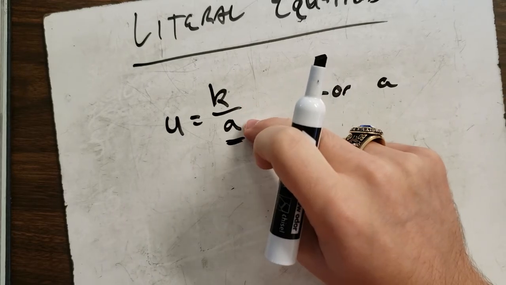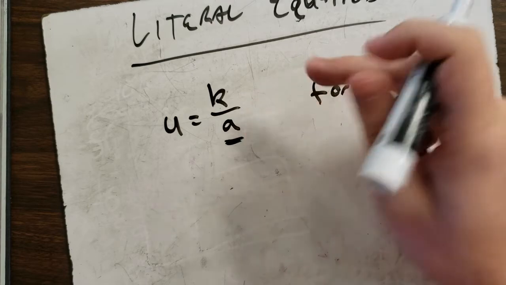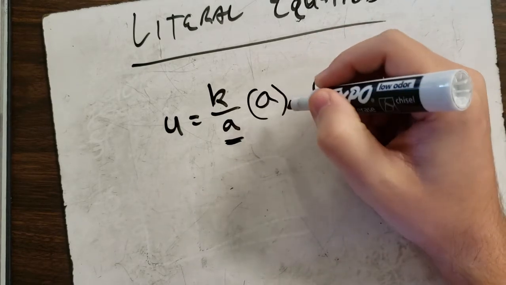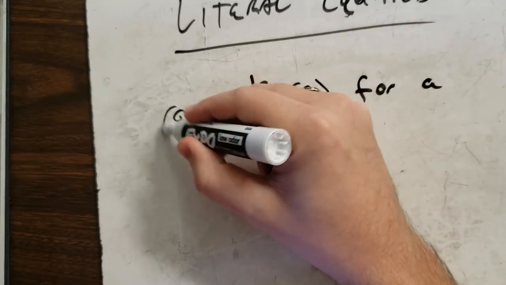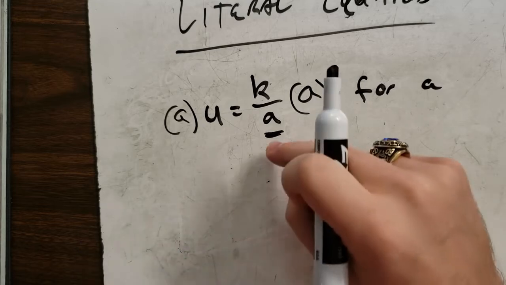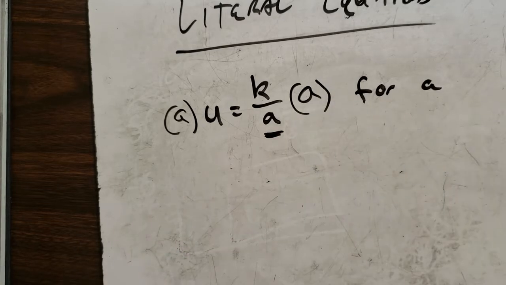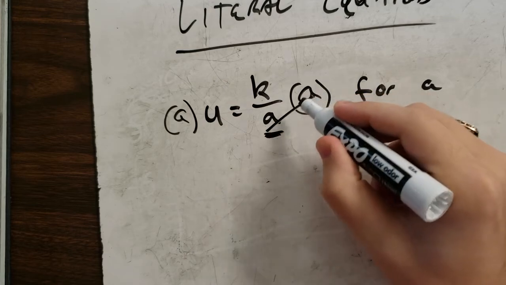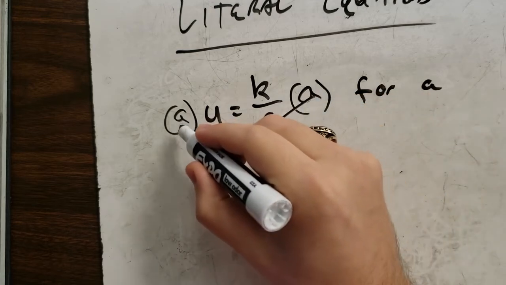On the bottom is a. So in this type of equation, we're going to multiply by the bottom, which is a, on both sides. So we're taking our a and moving it to this side. This cancels out here.